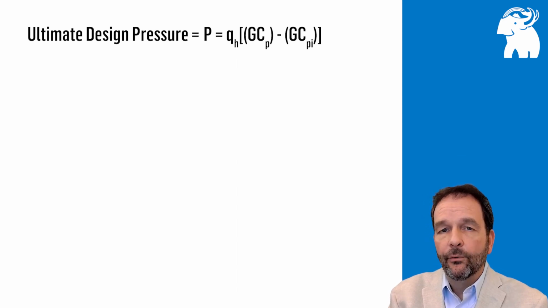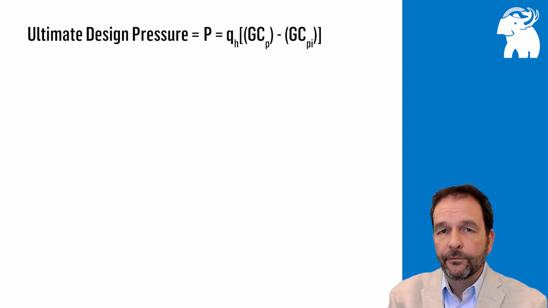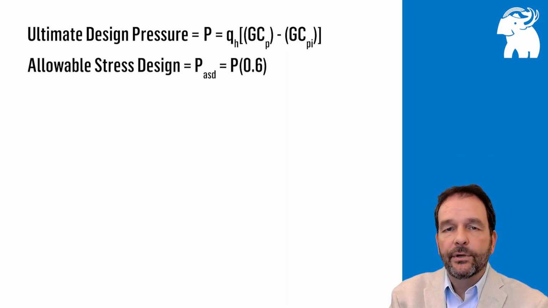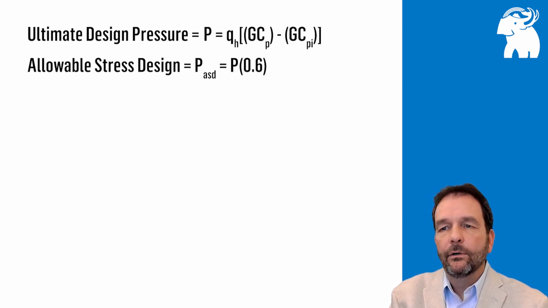Now, it's important to know that the ultimate design pressure is typically not what you're going to use to select low slope roofing. For low slope roofing selection, you're looking for the allowable stress design pressure, and to obtain that, you're going to multiply this ultimate design pressure by a load reduction factor of 0.6.